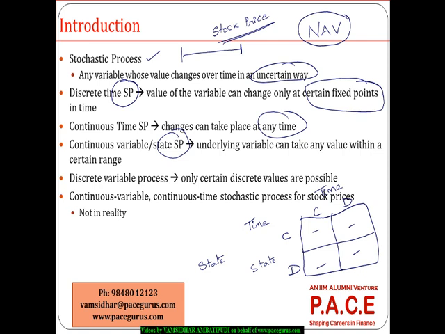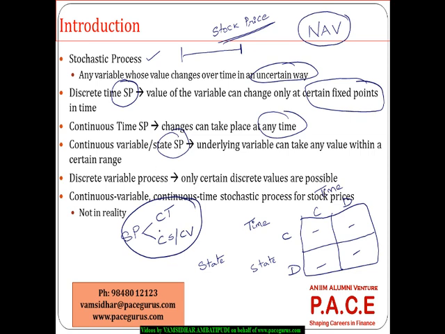For modeling purposes, we take stock prices as continuous time, continuous state processes, which means almost any value can come up and the changes can happen at almost any point in time.